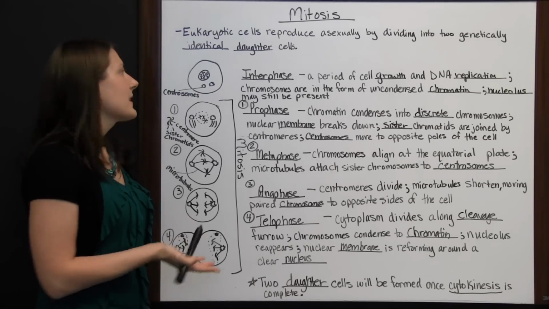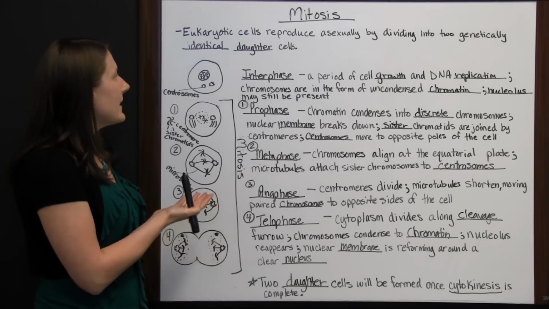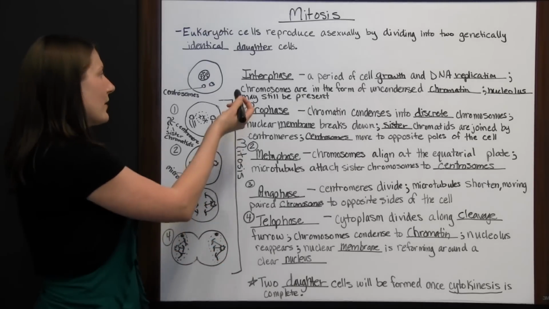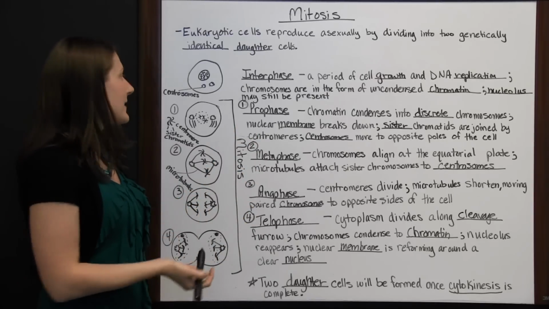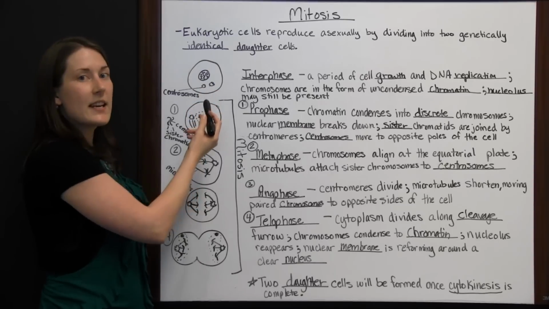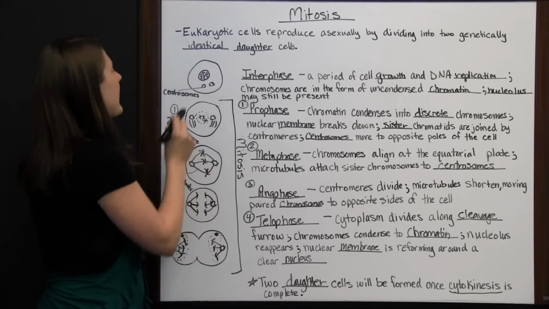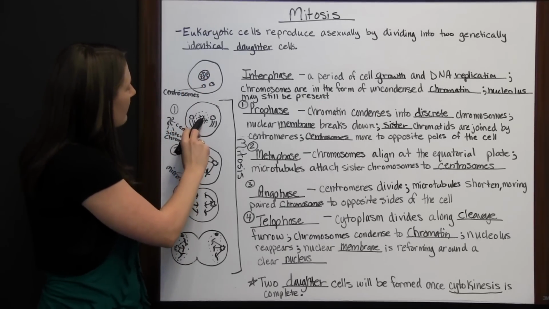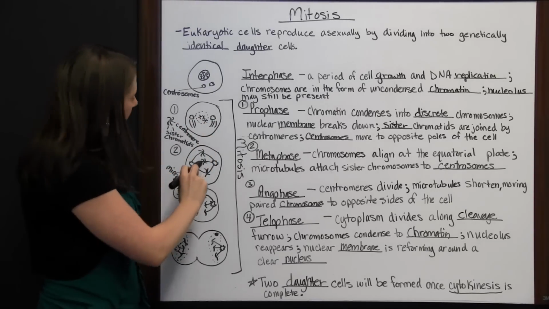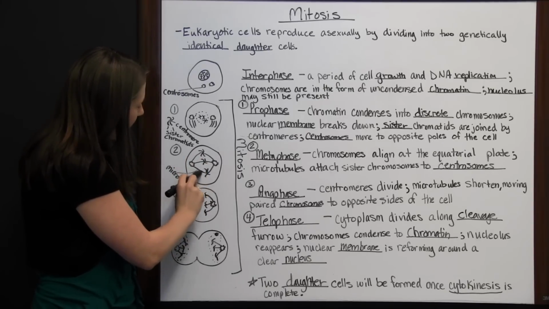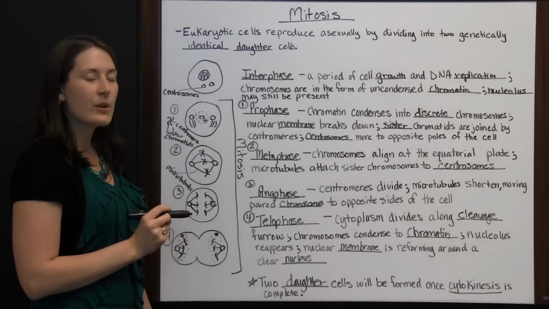So this is mitosis. It is how a eukaryotic cell can reproduce asexually. It just divides into two identical daughter cells. It goes through interphase, prophase, metaphase, anaphase, and telophase. So it starts off with this uncondensed DNA, this uncondensed chromatin genetic material. The chromosomes form little pairs, and the centrosomes come to either side. The centrosomes attach to the centromeres with microtubules, and those chromosomes line up along the equatorial plate.